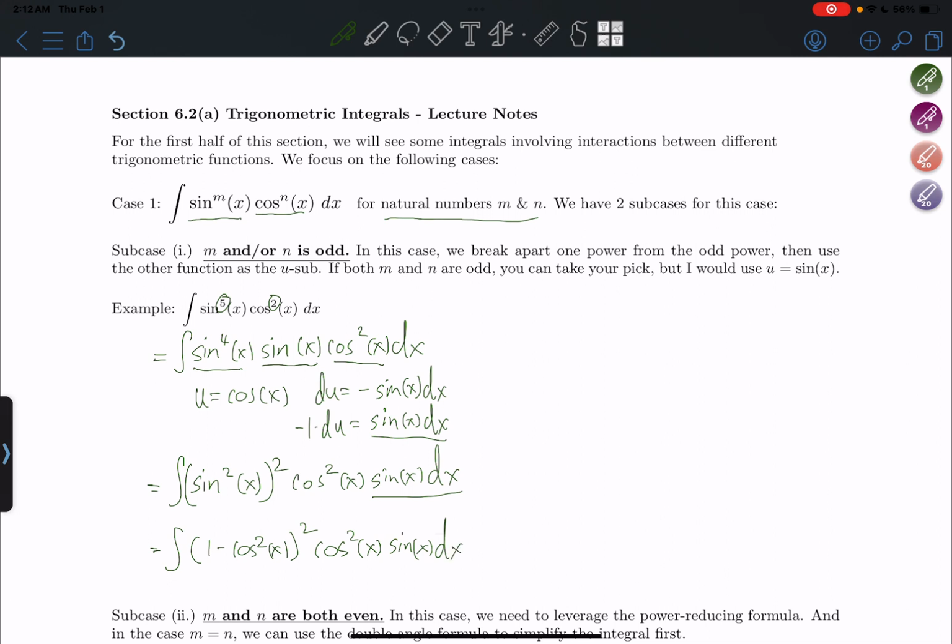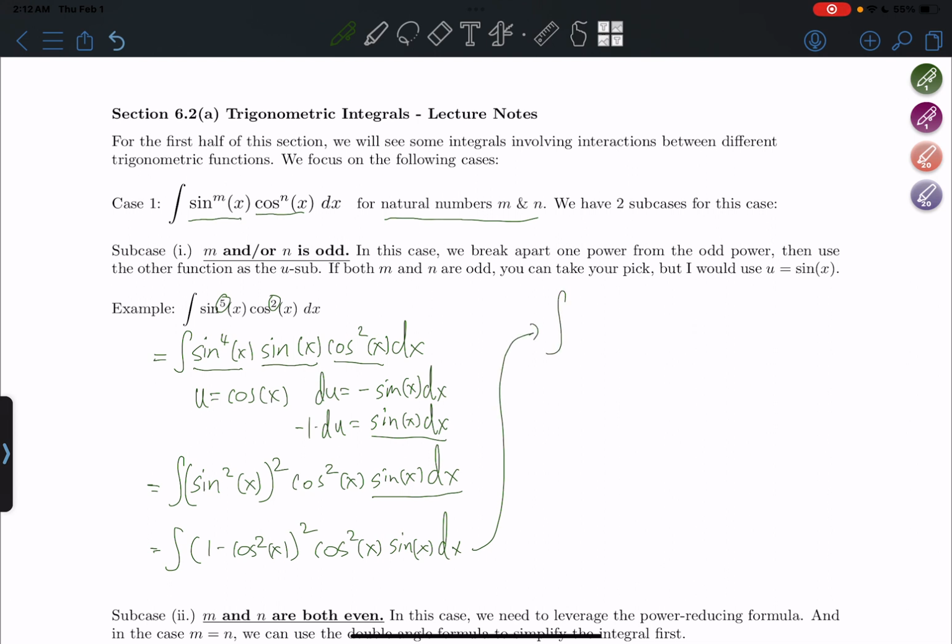Now I've got everything in terms of sine and cosine, where there's only one piece of sine left. I need that piece of sine here just because I need that du somewhere. But I want to get rid of everything else so I can make my substitution. So at this point, I can go ahead and do that substitution.